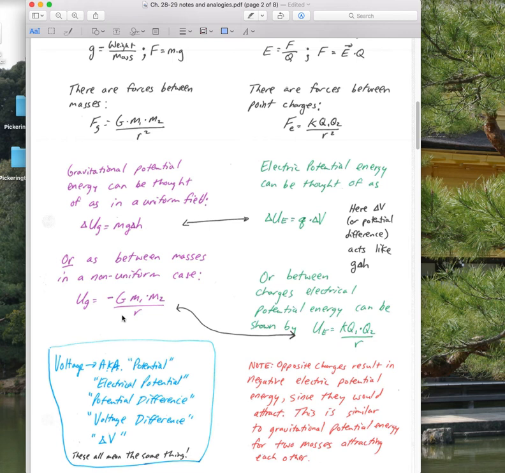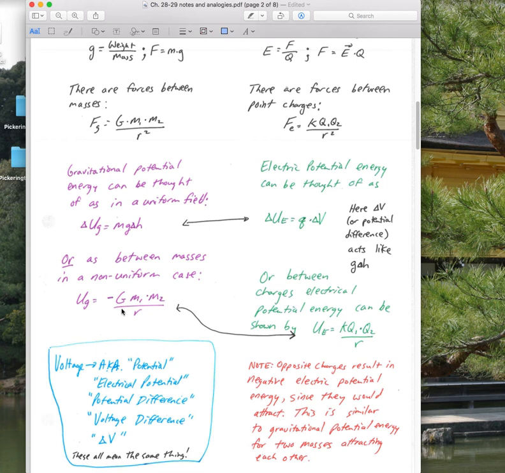That's true of all bound systems, that they have negative mechanical energy. Again, the R here as opposed to R squared, and the fact that it's negative, is due to the fact that if we take this up here and take the derivative of this with respect to R, this is really R to the negative 2, then we get something like this.